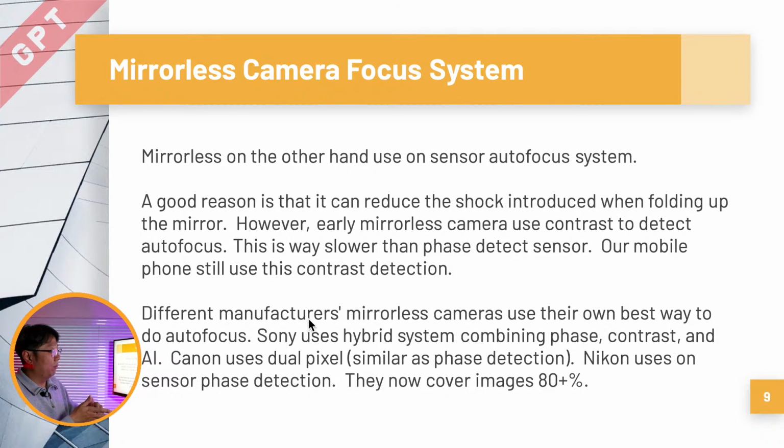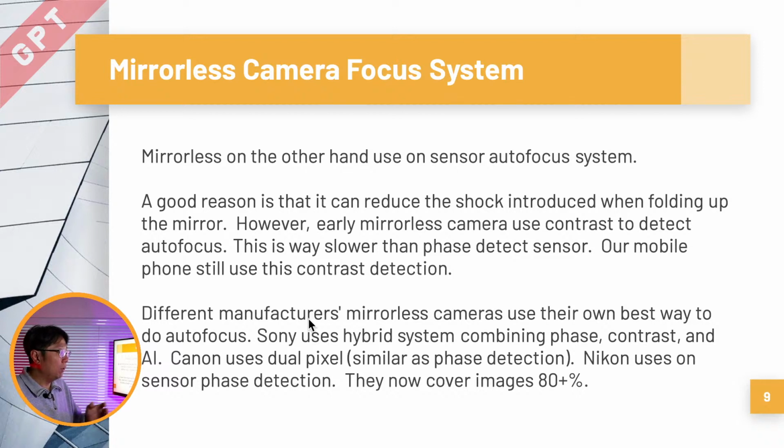And then for mirrorless cameras, they don't have what we call a standard way to do autofocus. I can say Sony uses kind of a hybrid system. They combine phase focus, contrast, and they also have some AI tuned into their chipset to do the autofocus.